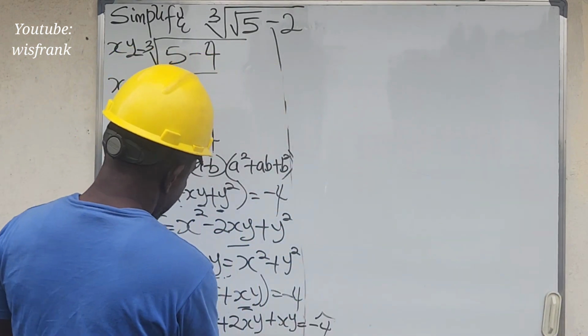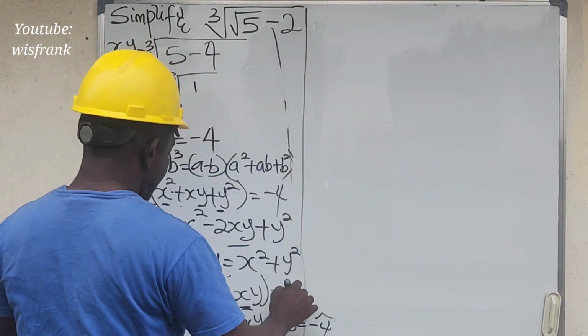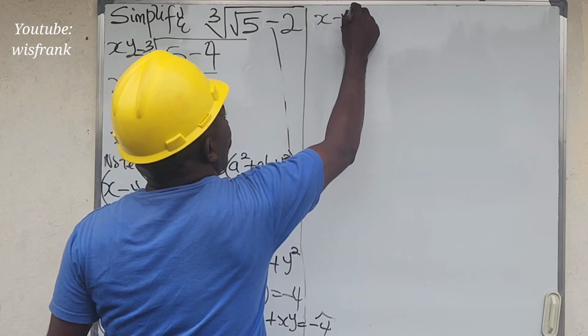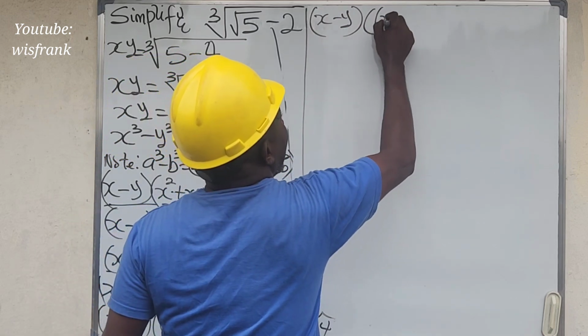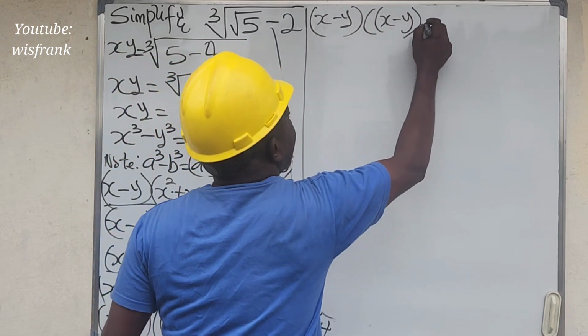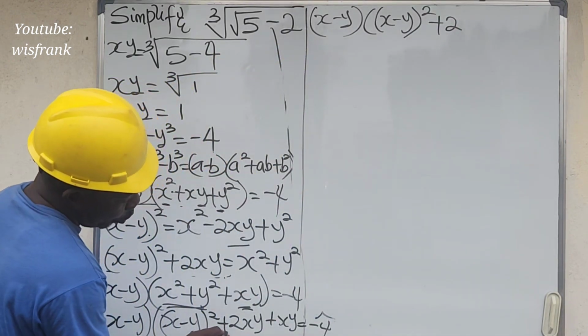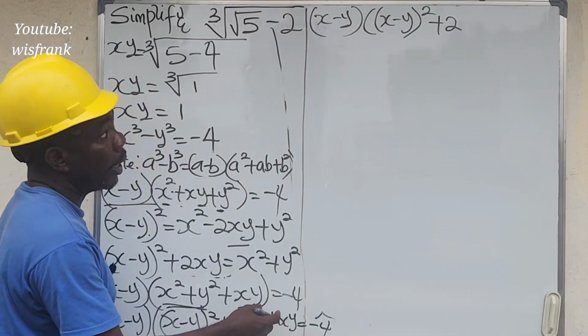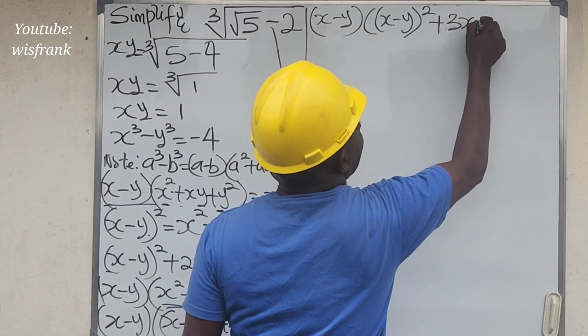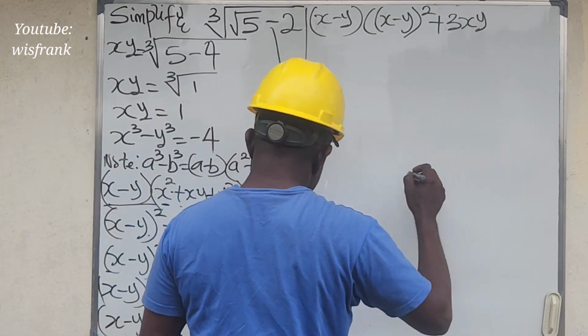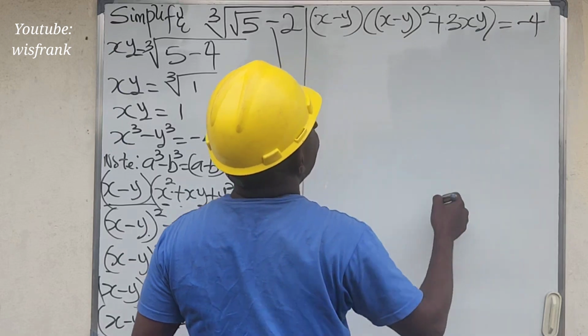So from here, let's transfer this to the other side. We have x minus y into x minus y to the power of 2 plus, this is 2xy plus xy, which will give us 3xy. Then we have all equals to minus 4.